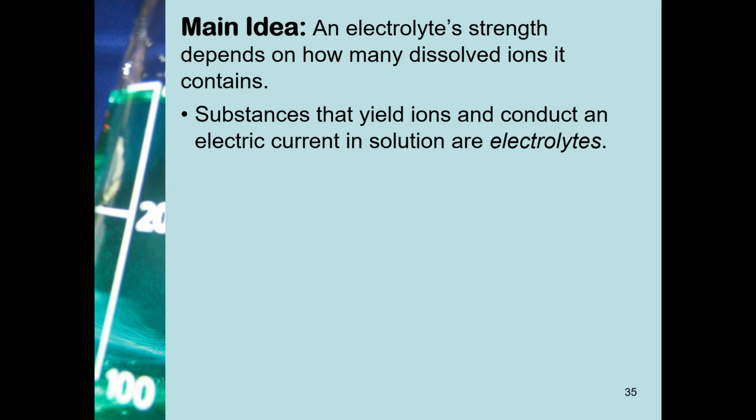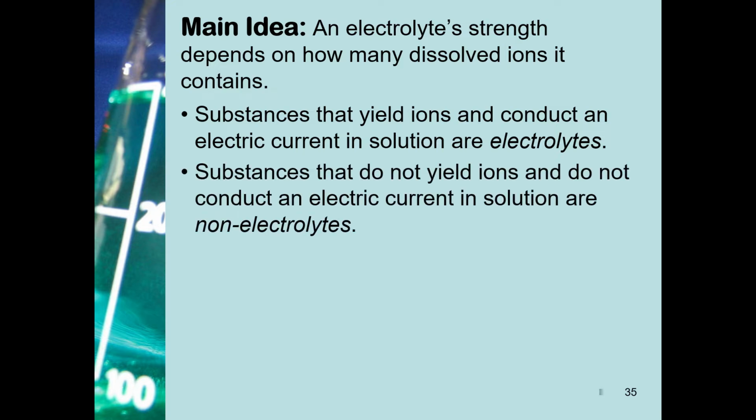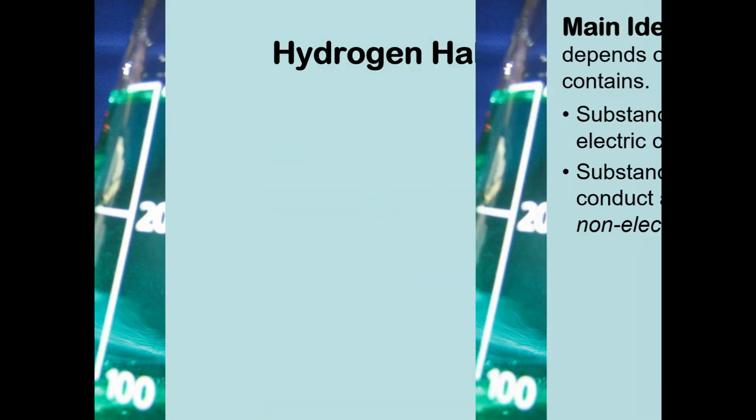So if I stuck two wires in it, they would conduct electricity through the solution to the other wire. Substances that do not yield ions and do not conduct an electric current in solution are non-electrolytes. Like dissolving sugar in water does not cause the water to conduct current because sugar is a non-electrolyte.